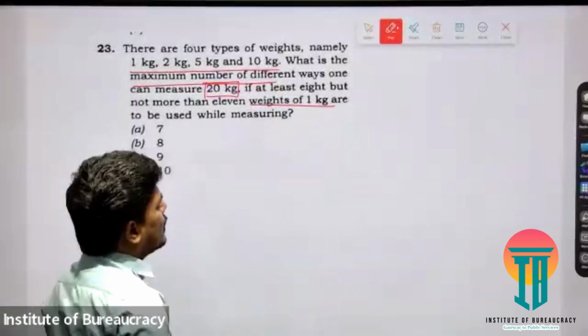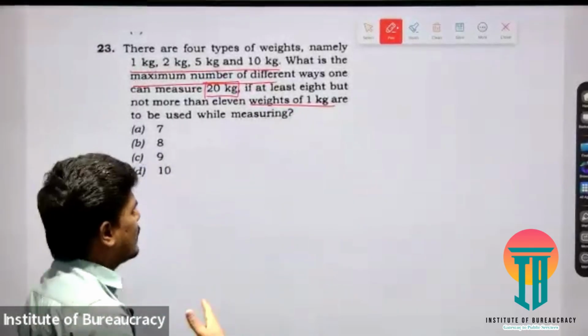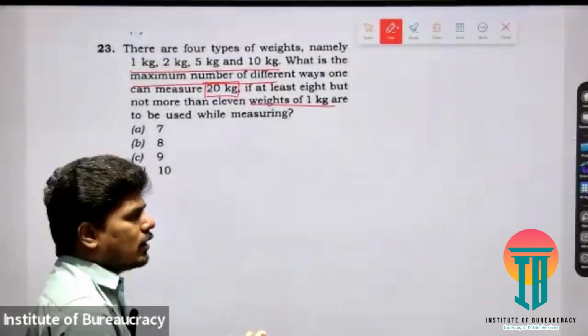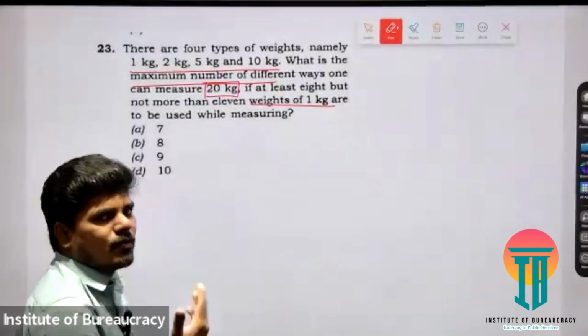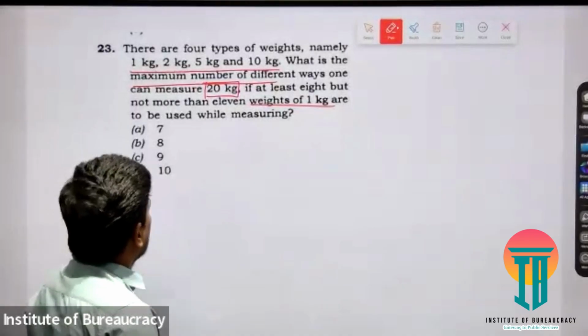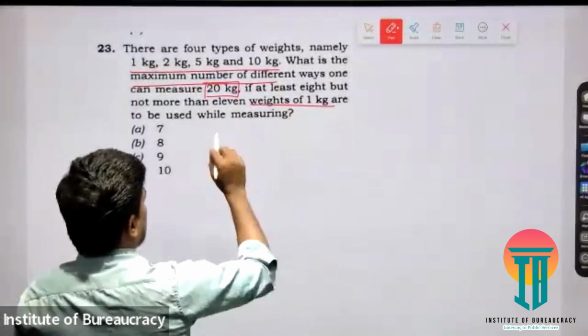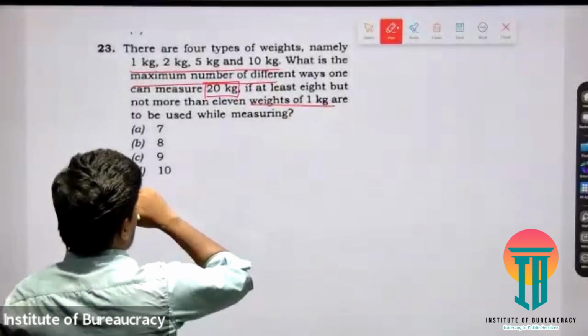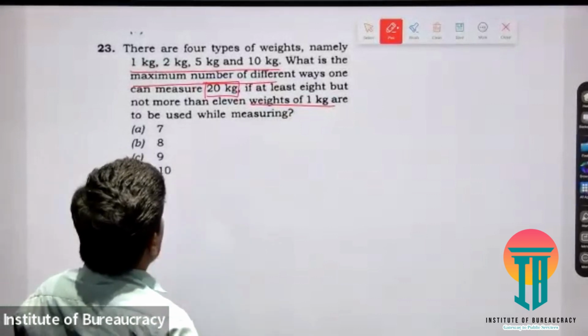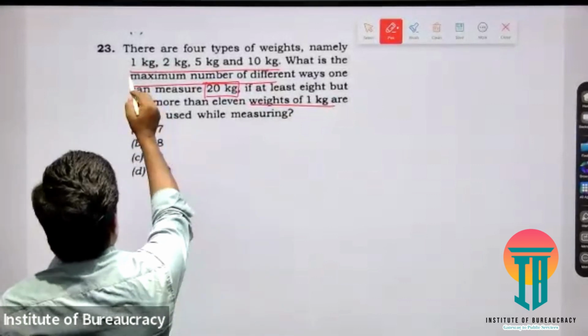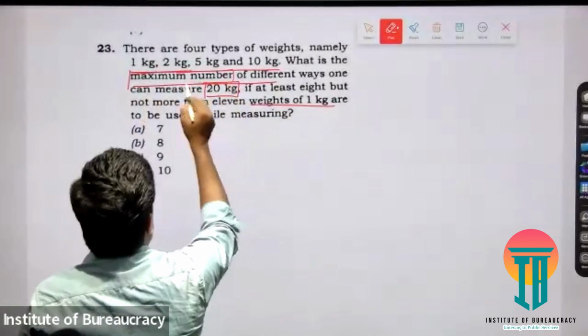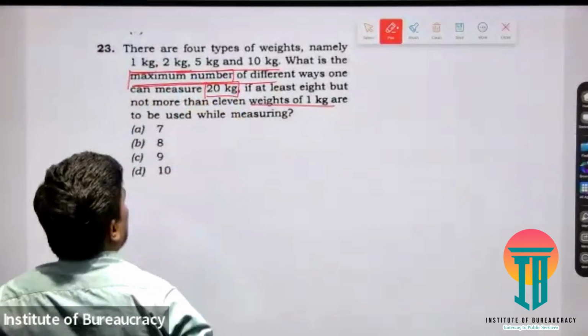So 1 kg you can use minimum 8 times, maximum 11 times. Not less than 8 or more than 11. That's about the 1 kg weight. The question is the maximum number of different ways to measure this 20 kg.